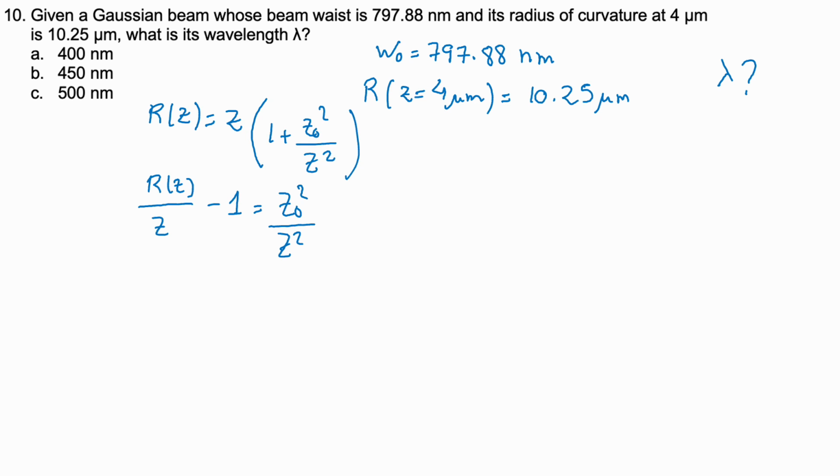I can move the z to the other side and take the square root. So the Rayleigh range is equal to z times the square root of R over z minus 1. And now we need to remember that the Rayleigh range is pi the beam waist squared over lambda.